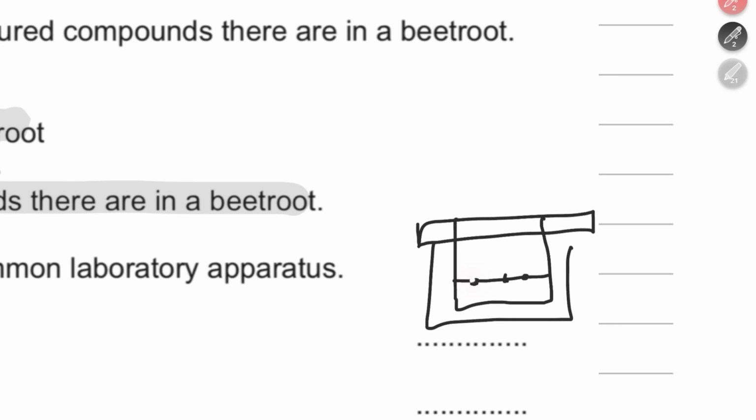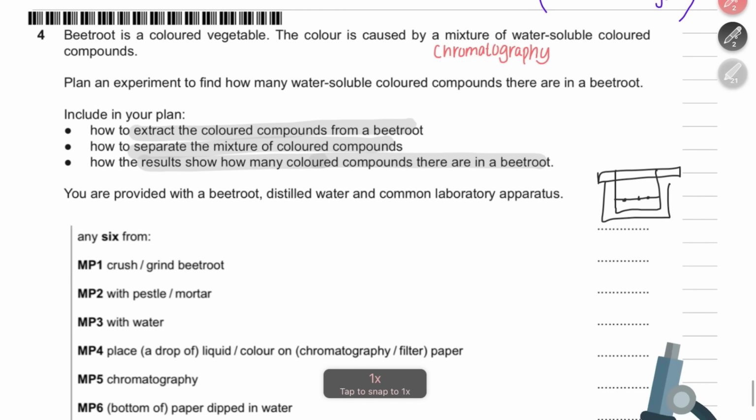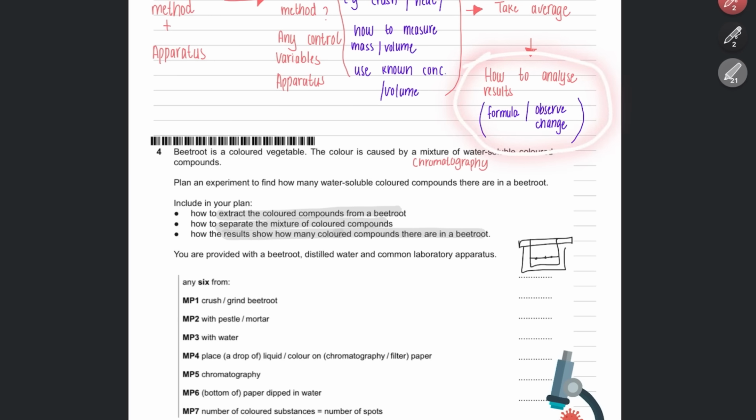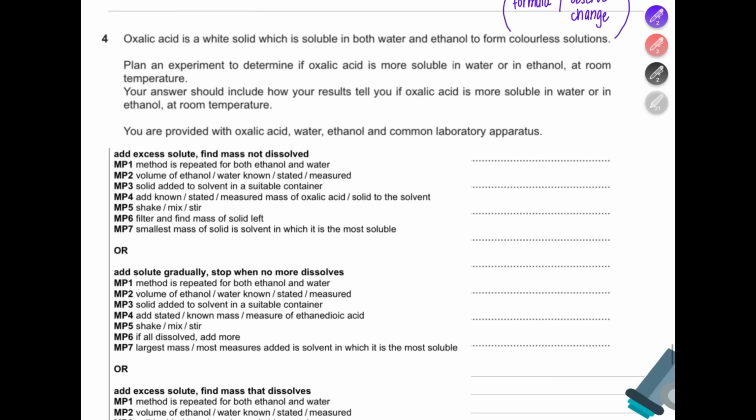Then on the chromatography paper, you will put the drops of beetroot solution that you have. And then when you do that, you will perform chromatography. Draw a baseline with pencil. You can dip your chromatography paper in water. Allow chromatography to occur. And how are you going to analyze the result? The number of colored substances represent the number of spots.